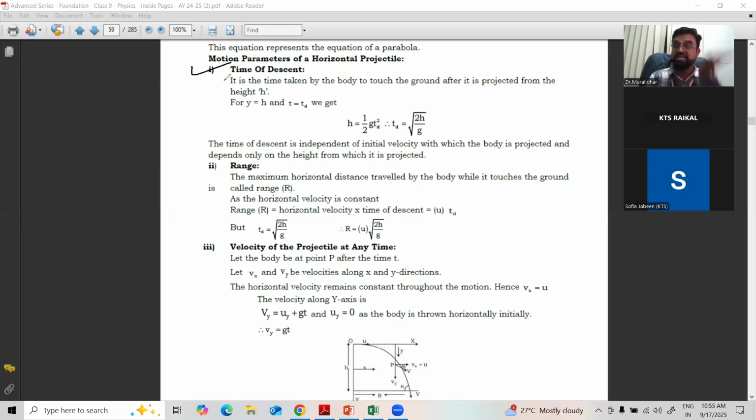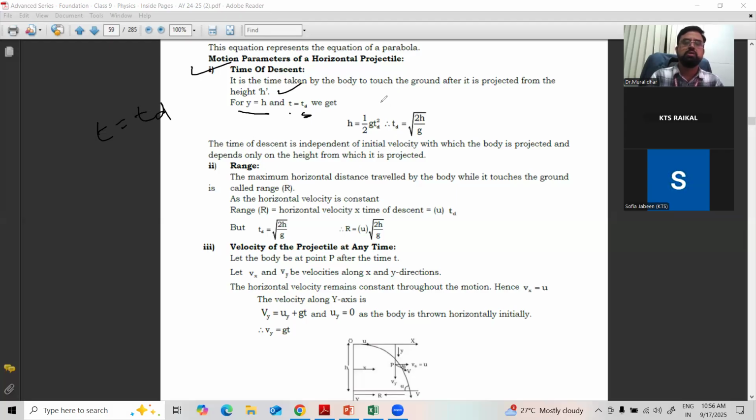Here there is no time of ascent because we are projecting from a height. Suppose we project from height h. So y is equal to h, that is the distance traveled, and time is equal to td, the time of descent.